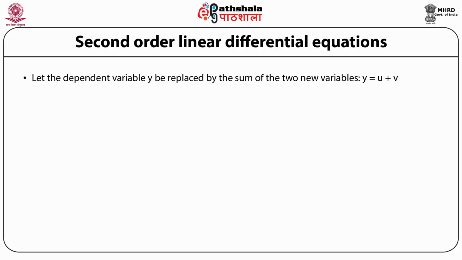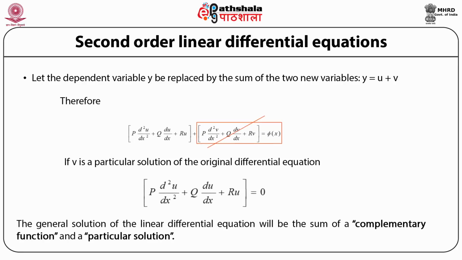So if you have the equation p d squared u by dx squared plus q du by dx plus r u plus the v term. Now actually the equation was p d squared y by dx squared plus q dy by dx plus r y is equal to some function psi of x. Now we are writing it in terms of u and in terms of v.